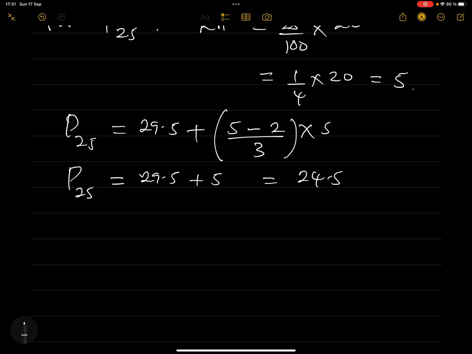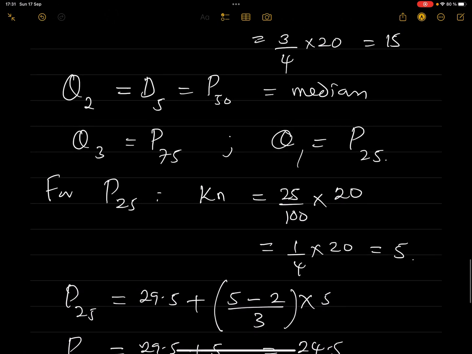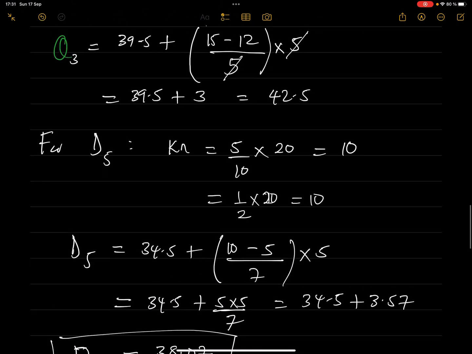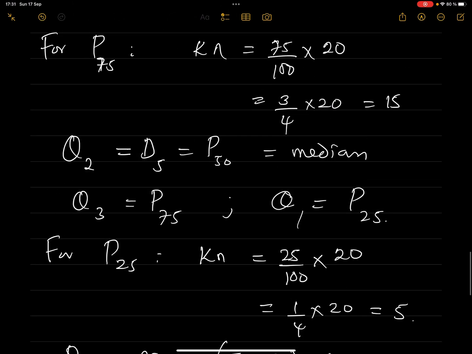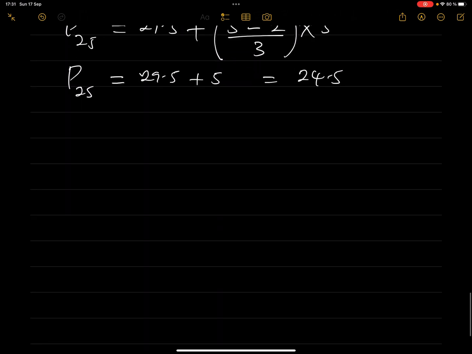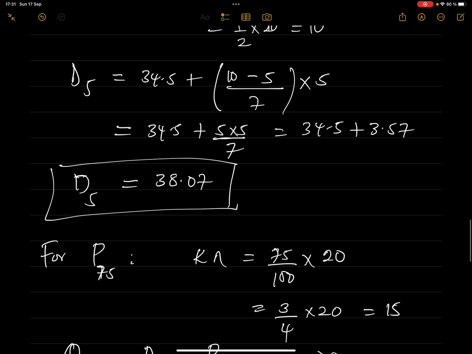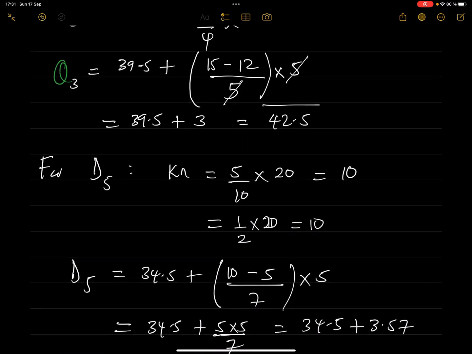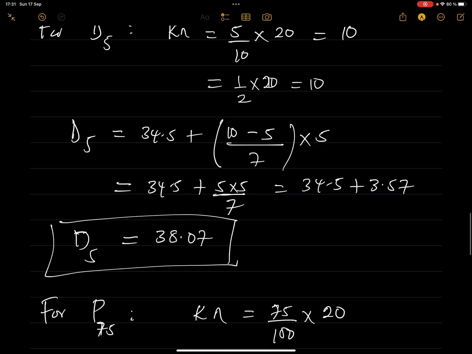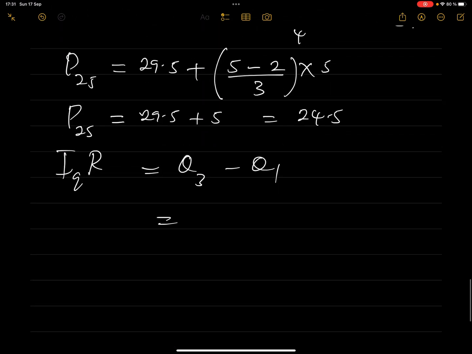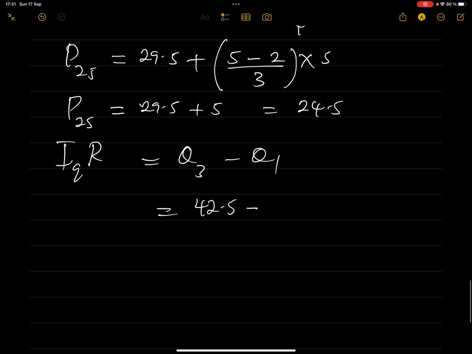24.5. So your P25 equals 24.5. Can we not get the interquartile range? Yes, we can, because we have our Q3, and then we have our Q1, which is equal to P25. So the interquartile range is Q3 minus Q1. Our Q3, look at it over here, is 42.5. 42.5 minus Q1, which is P25, 24.5.